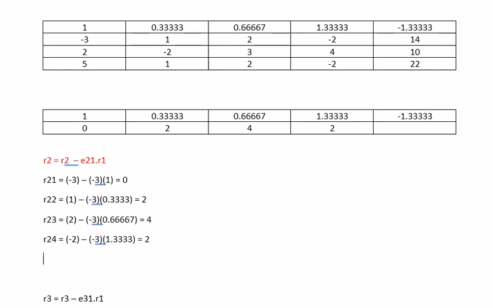for the last element, R45 is equal to 14 minus negative 3 times negative 1.3333, that will give you 10.